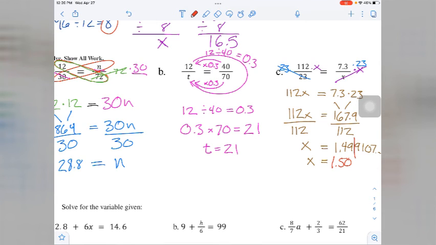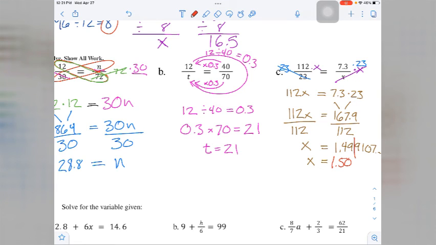Now, there was a problem while I was doing this one, and some students had calculators that were rounding. Some students were doing this using the C method.